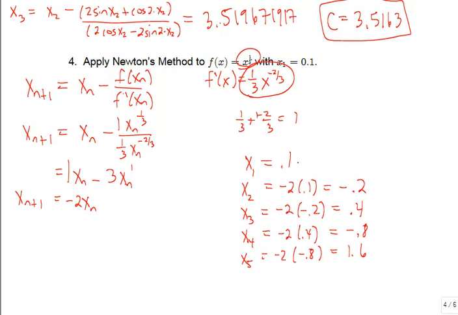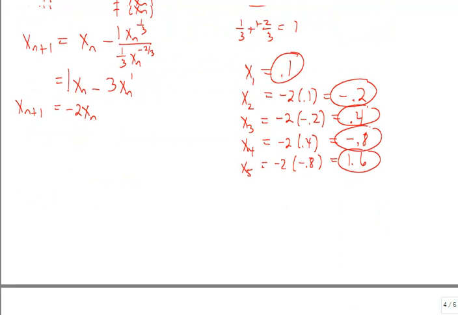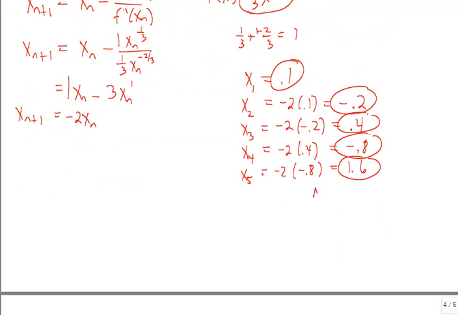So take a look at these guesses here that we're getting. Are they approaching a common value? Are they converging? And you can see here that they're not converging. In fact, they're oscillating, going from positive to negative to positive to negative, and they're growing as we do that.